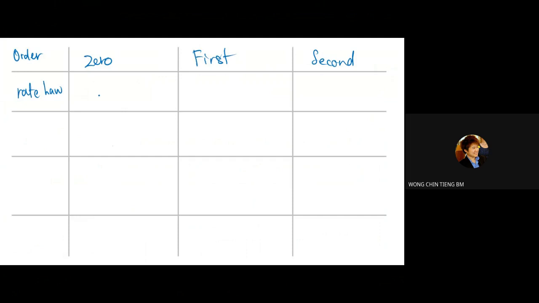Rate law for 0 order: R equals to K. First order. Second order. Alright, and which one in this rate law represents the order of reaction? What is in the rate law that represents the order of the reaction?